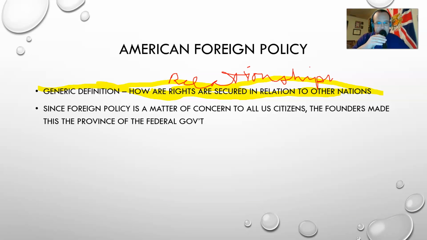And since this is something that should be of concern to everybody, the founders made darn sure that this fell within the province of the federal government. So relationships with other countries, how our rights are secured in relation to other nations.